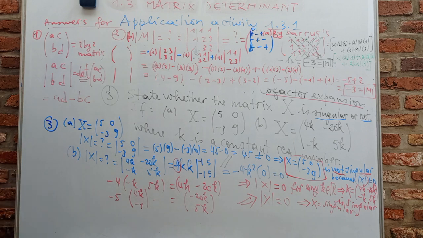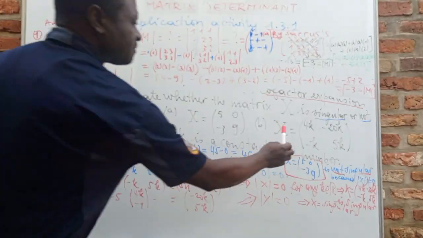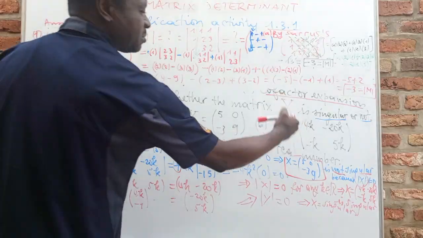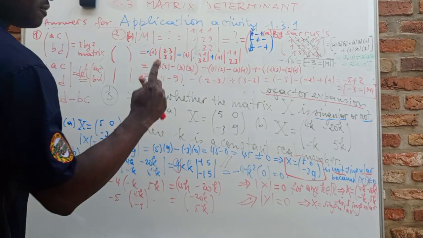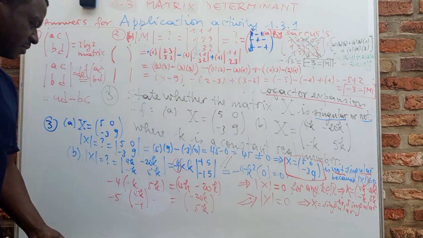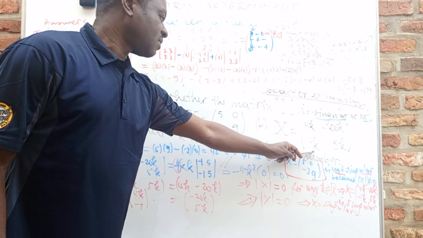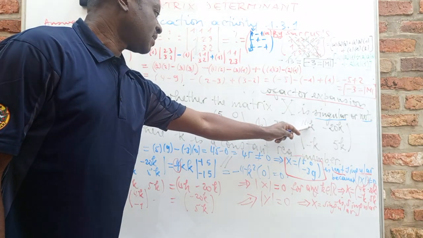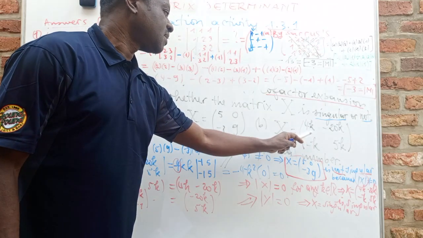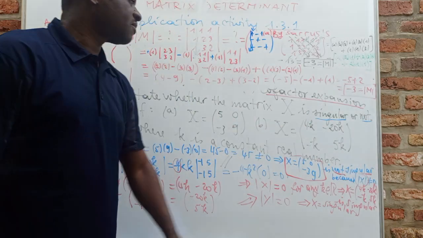So the answer for B. Along the first row, the first row is a multiple of the second row, by negative 4, as the multiple. Because if you multiply the second one by negative 4, you get the first. Negative 4 times negative k is 4k. Negative 4 times 5k is negative 20k.